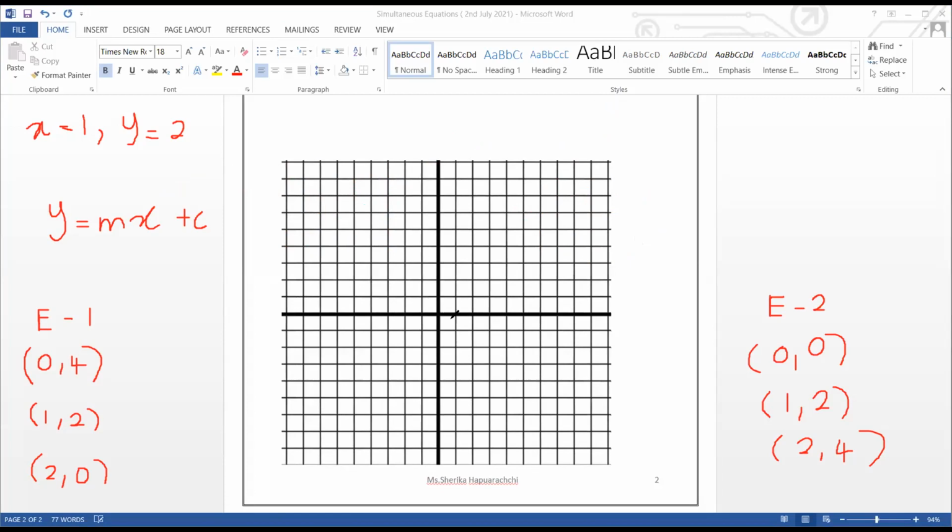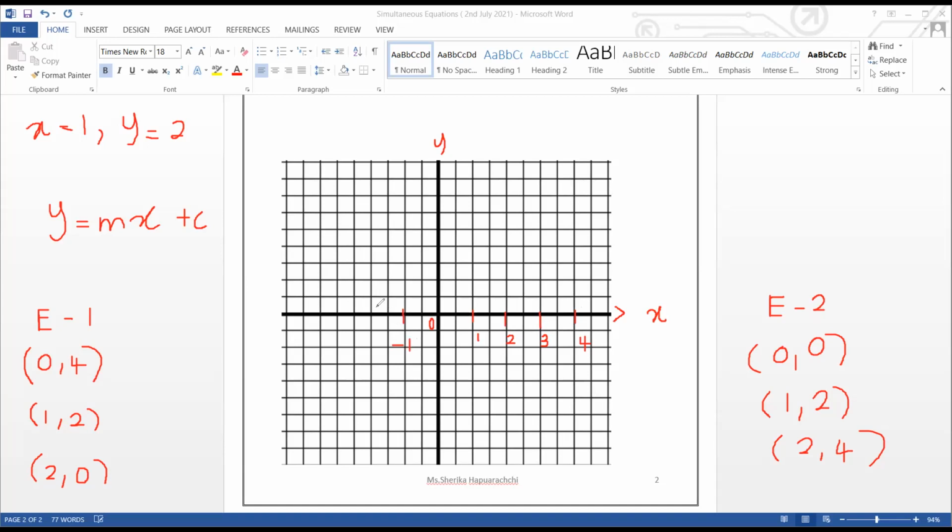So I will take 2 by 2. Here it's 0. Now we know this is my x-axis and this is my y-axis. Right. I'll take 2 by 2. So here it's 1, 2, 3, 4.